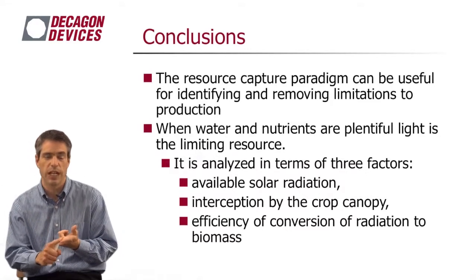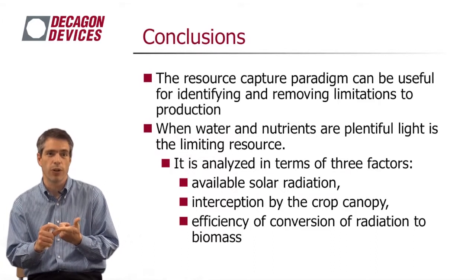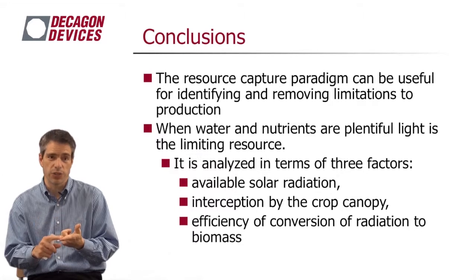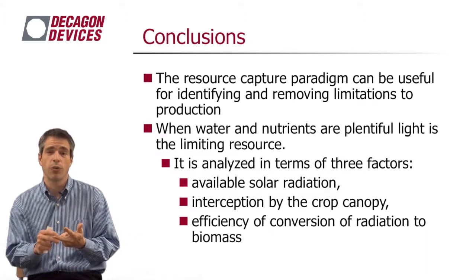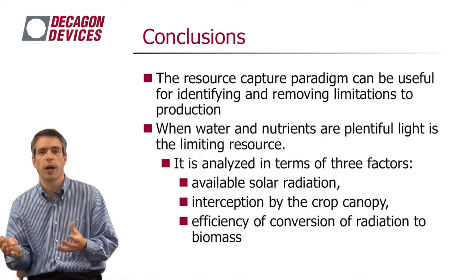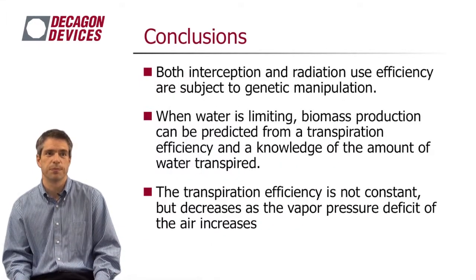The available solar radiation, where we talked about how changes in solar radiation will affect the radiation use efficiency. Interception by the crop canopy, where we talked about how we can go out and actually measure that with a few different instruments. And then the efficiency of converting that radiation to actual biomass, which is that radiation use efficiency value that we have to go and measure.